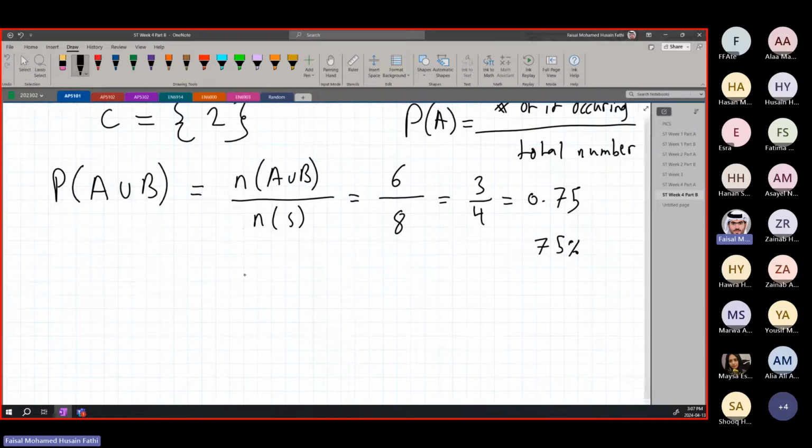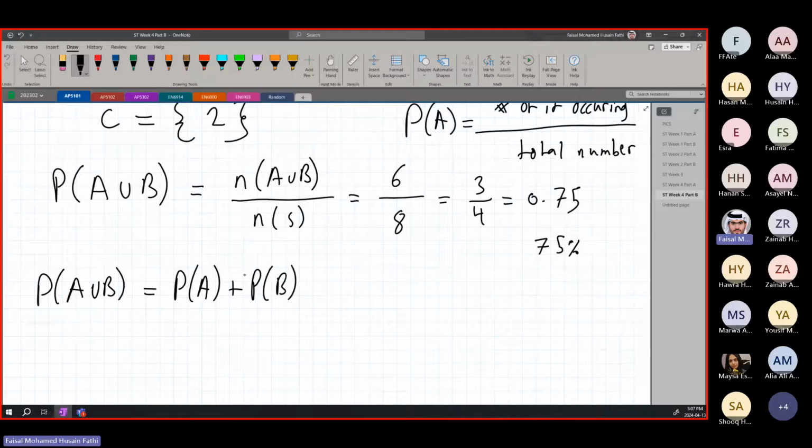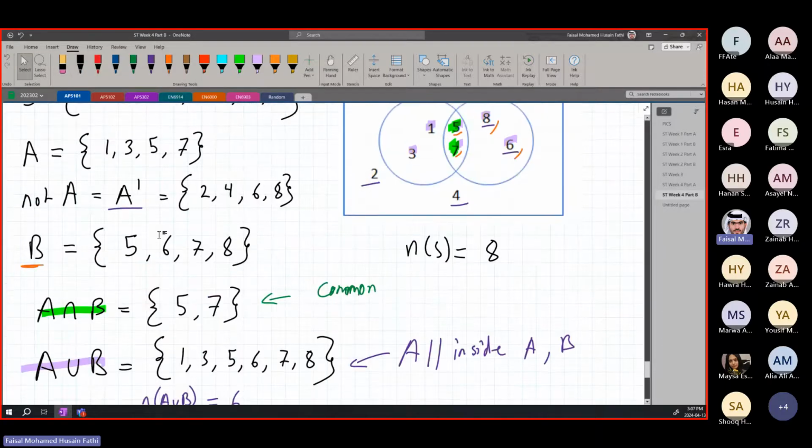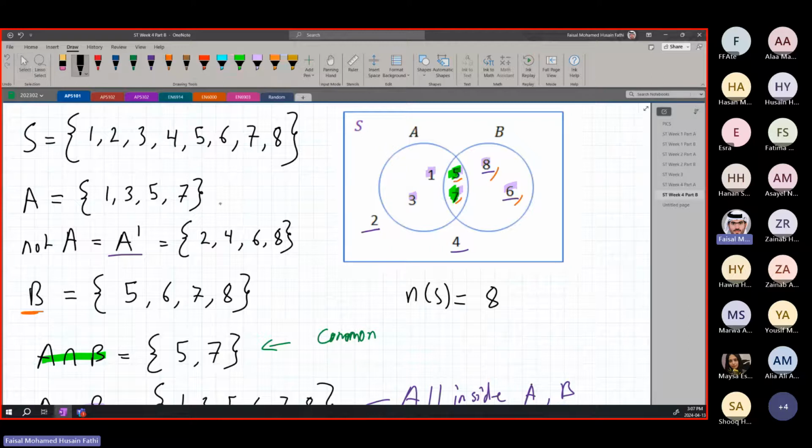Let's check this using the formula that we know about A union B. P(A union B) is simply equal to P(A) plus P(B) minus P(A intersection B). So let's determine all of these. P(A) is equal to how much? We already have our set A. N(A) is equal to 1, 2, 3, 4.